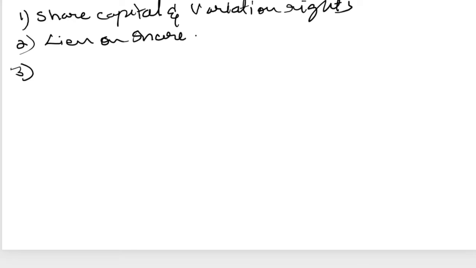The third one is calls on shares. What exactly are calls on shares? A public company has the option to offer an invitation for buying shares and debentures. That is called calls on shares. I'm not talking about debentures here.